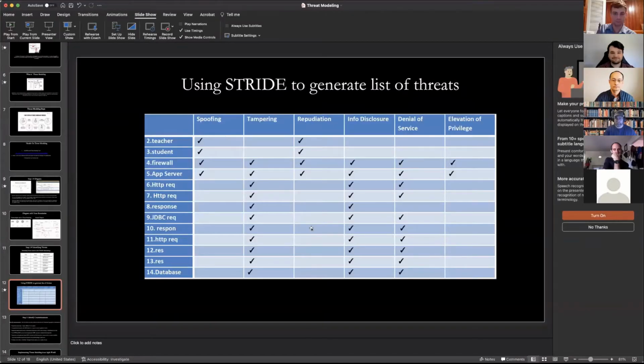Okay, that's a good question. So let's look at the STRIDE model again. Trevor, you want to take that question, putting you on the spot? Could you repeat the question one more time? Where does malware fall into this, is what you're asking, right?